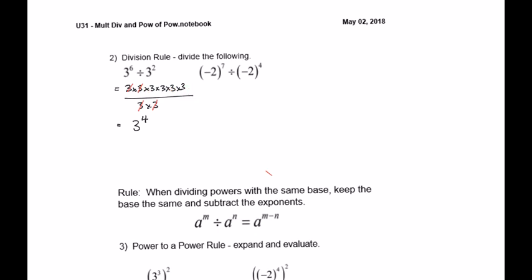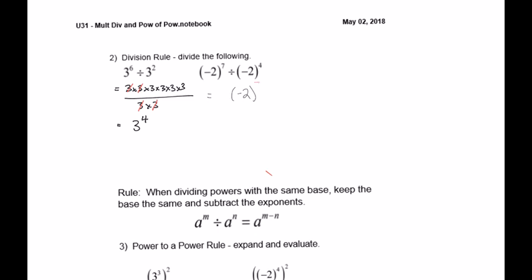So in essence, when we're dividing, all we're going to be doing is subtracting exponents. Let's try that with the next problem. We have -2 to the 7 divided by -2 raised to the 4. So our base is -2, and we're just going to simply subtract the exponents.